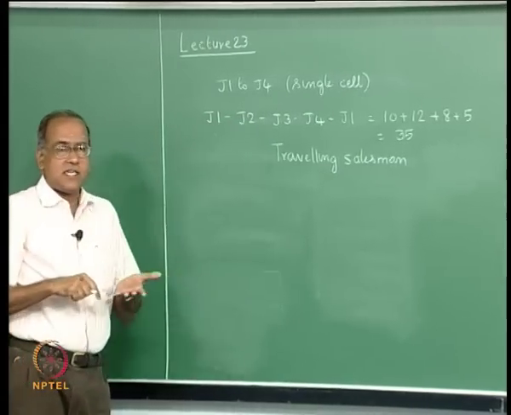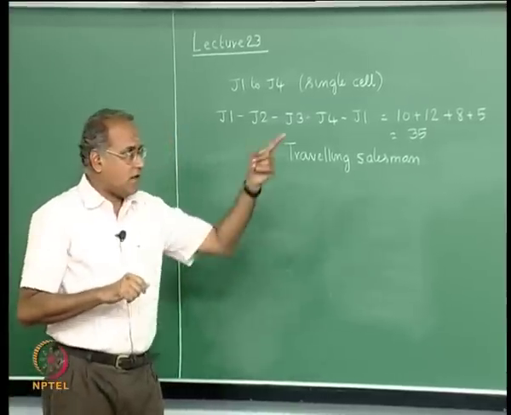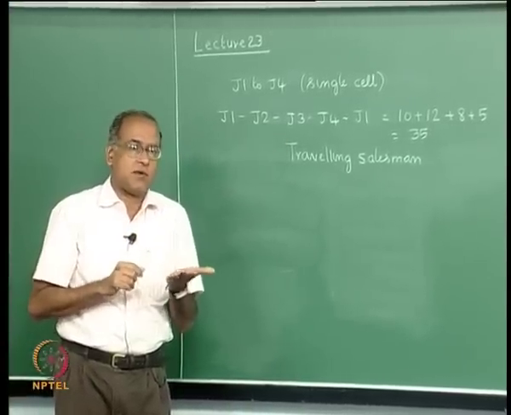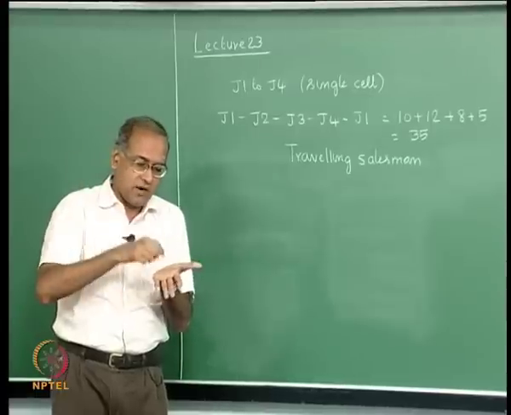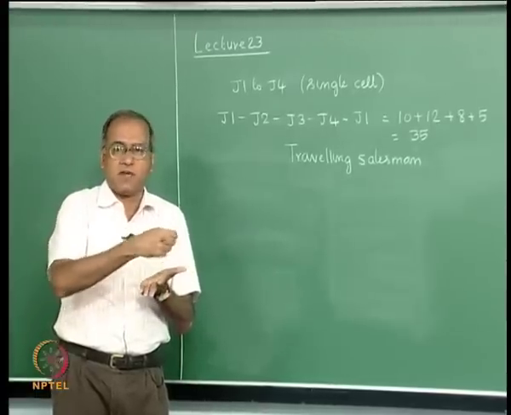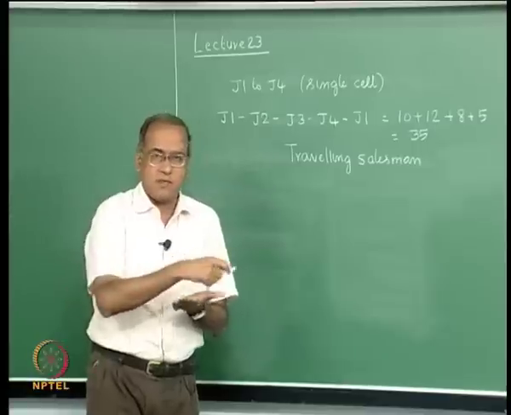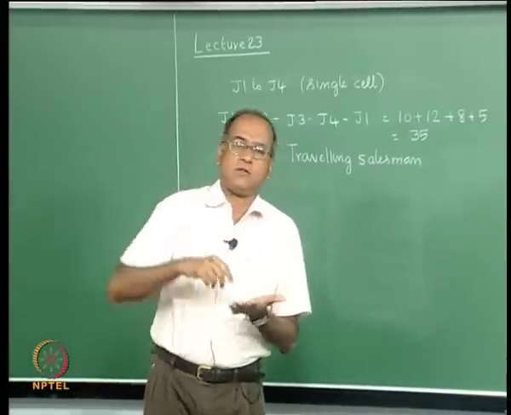In the travelling salesman problem, even if it is 4 by 4, an equivalent problem is like saying the salesman begins from a shop, visits 3 other customers in some order and then comes back to the shop.